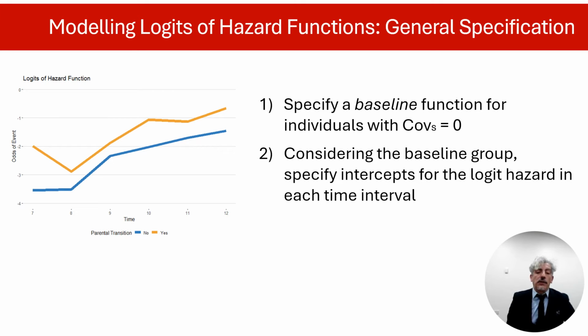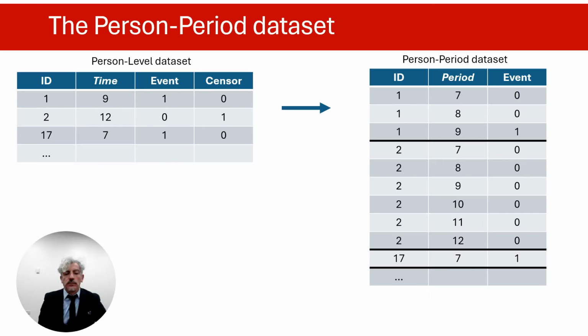So how does that work in practice? To better understand it, it's important to consider how the data should be organized when we are looking at survival analysis. And the best way to organize the data for survival analysis is the person period data set.